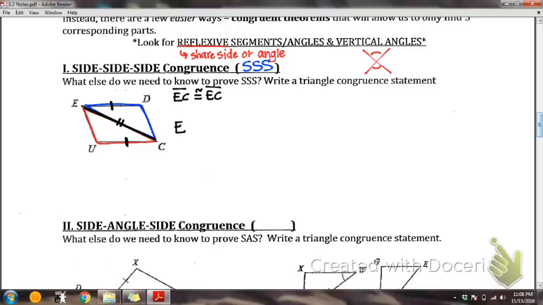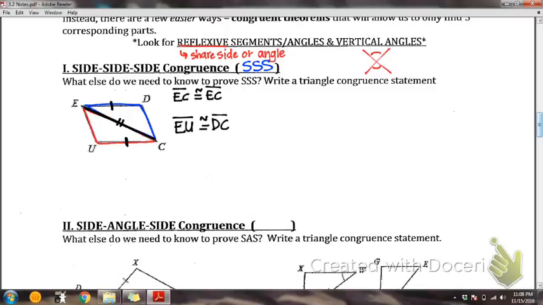But I would need to match up EU with DC. So if EU and DC were congruent, then these 2 triangles would be congruent by side, side, side.